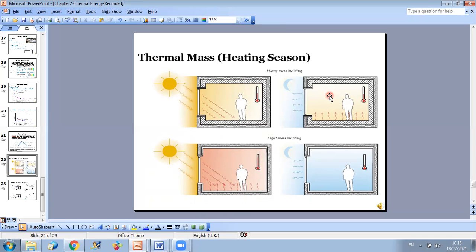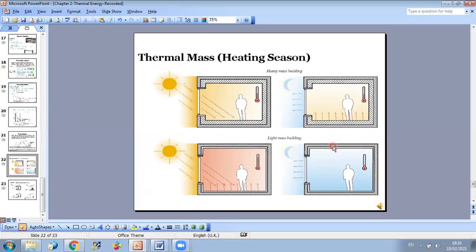On the other hand, during the night, if we take the case of a heavy mass building, once the outer temperature becomes low and the inner space temperature drops, the thermal mass will release back the heat in order to maintain a comfortable temperature. And then we can conclude that during the day and the night, we can ensure a comfortable temperature in the space.